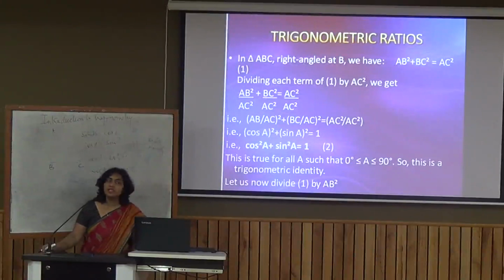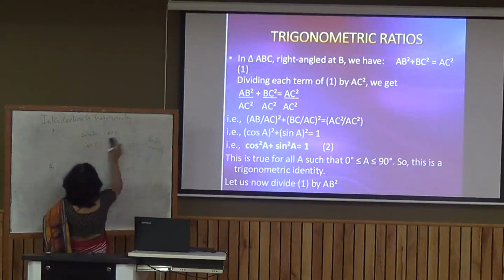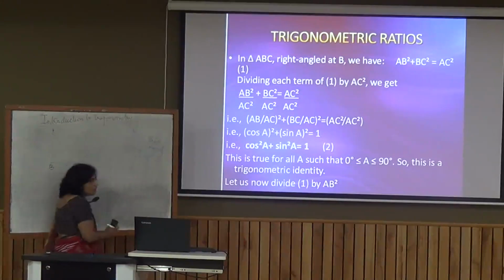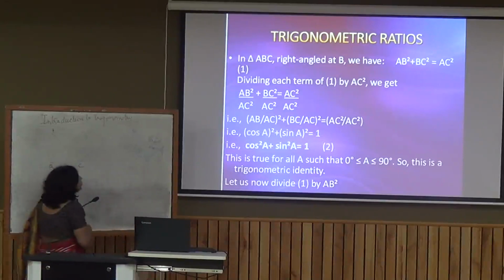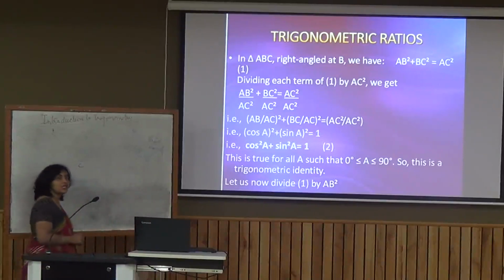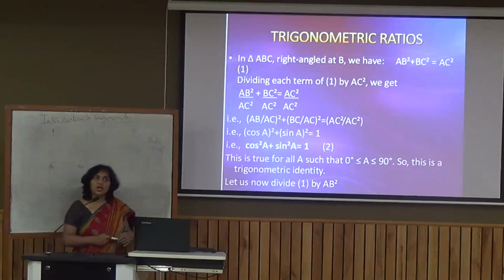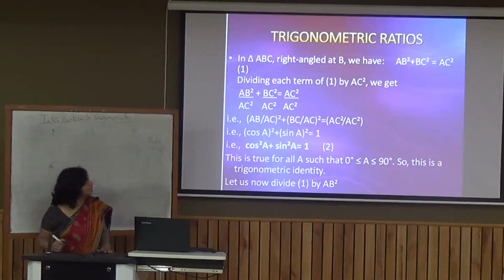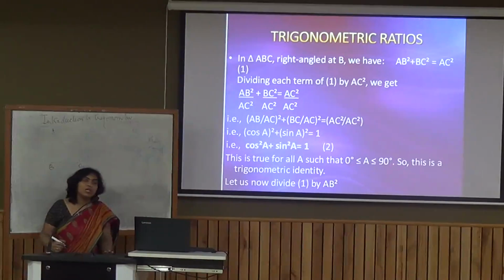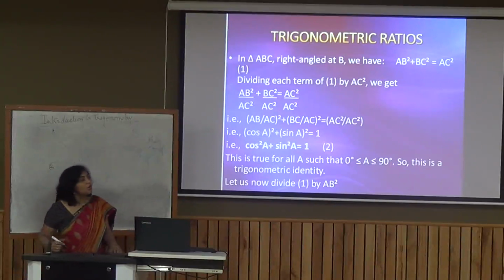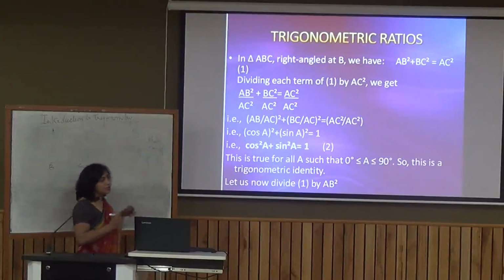Now let us learn some trigonometric identities. If we take this right angle triangle ABC and apply the Pythagoras theorem, AB square plus BC square is AC square. Now we divide the whole equation by AC square. So AB square upon AC square plus BC square upon AC square is equal to AC square upon AC square.